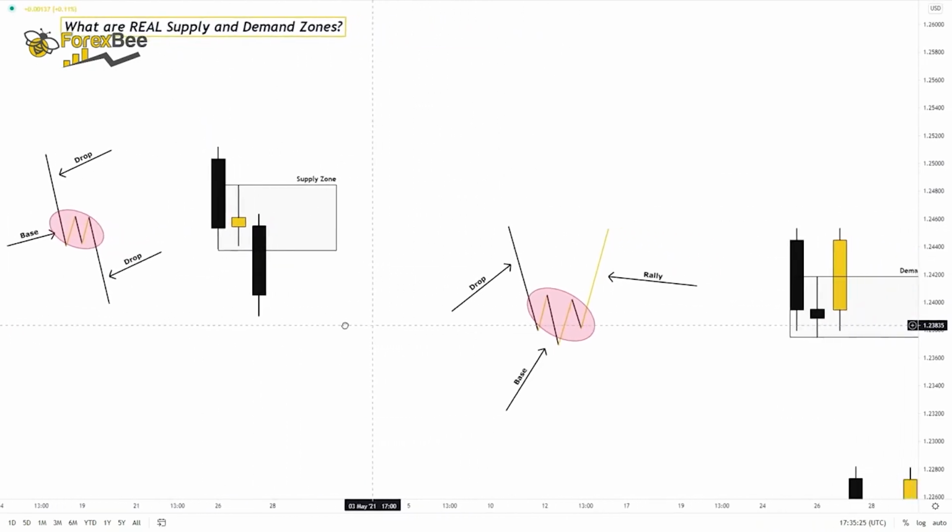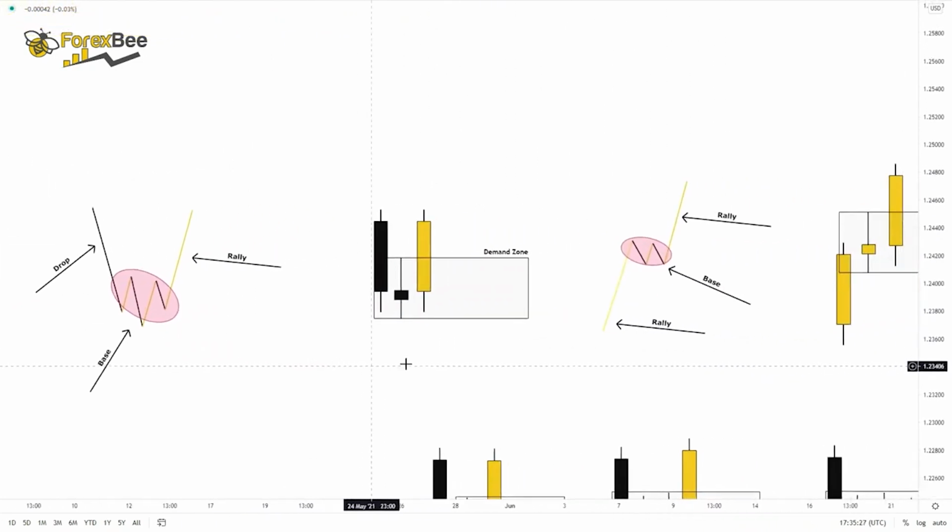Now let me explain the demand zone and how demand zones are created. Here the market went bearish, went down, and then the price moved sideways like the base candle, and then again there is one big candle.